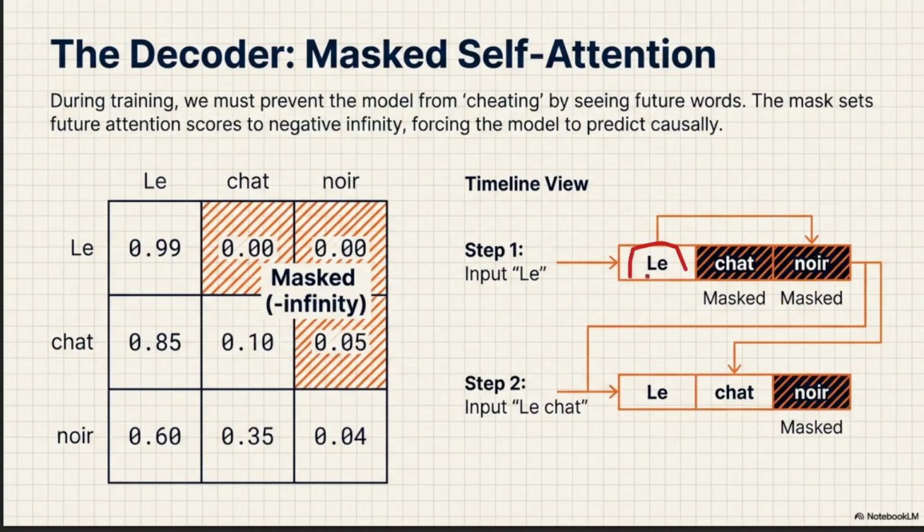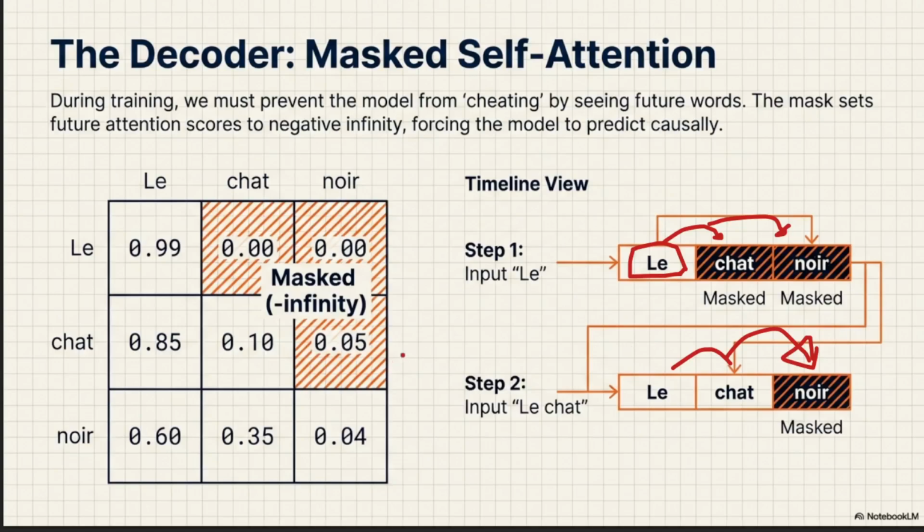If we have, like, this is the French translation of the black cat, le chat noir. Once we're in this phase, we prevent it from seeing the future words. When we predict the second one, we prevent it from seeing the next word or token. How do we do this mathematically?